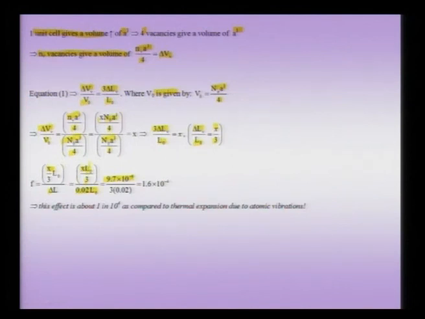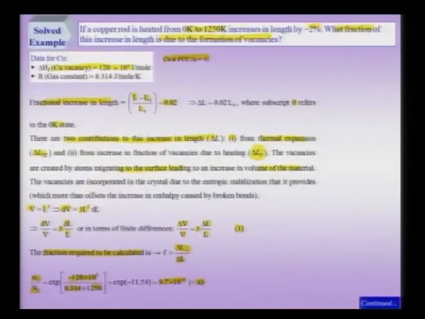So, the number becomes x divided by 3 into 0.02, and x we have calculated before, which is the fraction of vacancies created, about 9.7 into 10 power minus 6. Substituting these values, I find that the fraction of increase in length coming purely from the creation of vacancies is about 10 power minus 4.